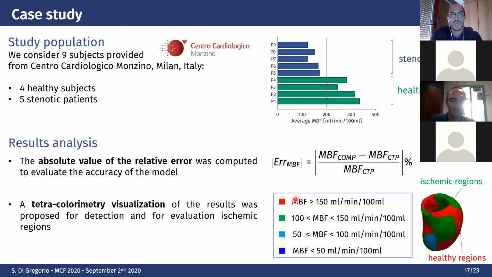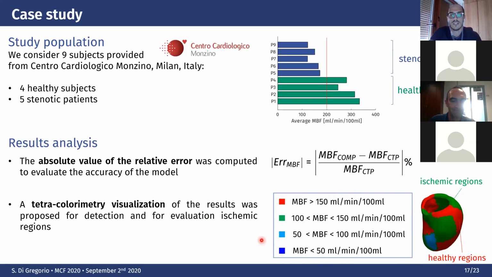In red, we have the regions in which the MBF is greater than 150 milliliters per minute per 100 grams of tissue. The red zones are the healthy perfusion regions. Whereas in green, light blue, and blue, we present the ischemic regions with severity increasing from green to blue.